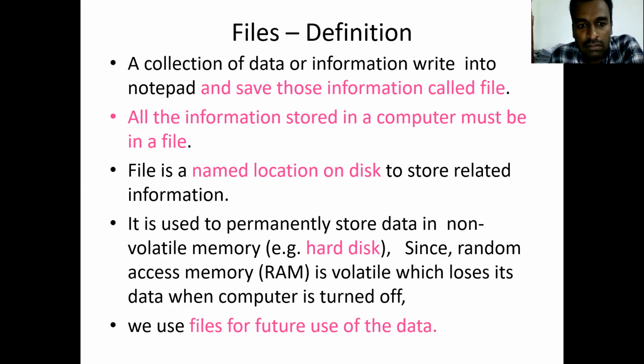So the files are stored in our computer's hard disk, since random access memory is volatile, which loses the data when the computer is turned off. If you store the data in RAM, it is lost when the system is turned off. So we use files for future use of data.